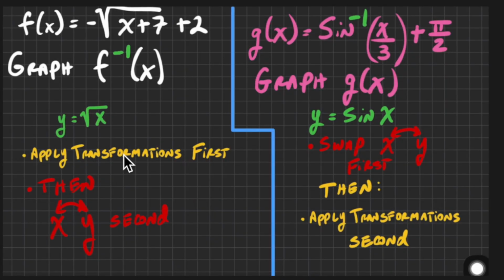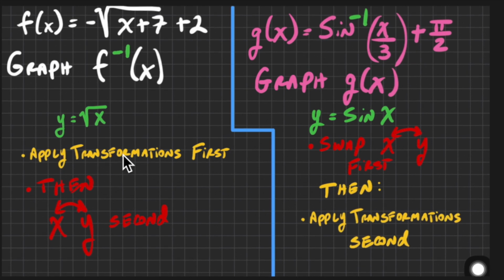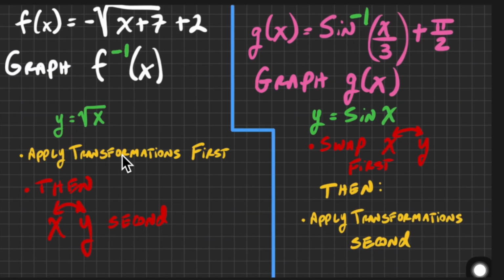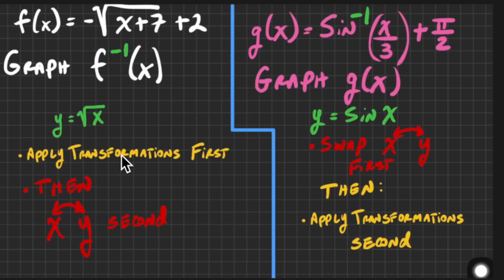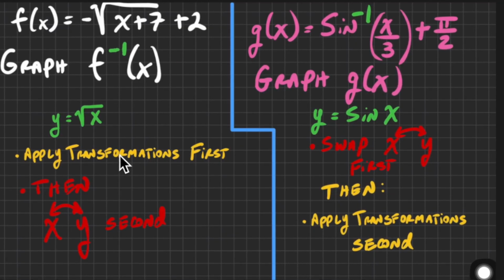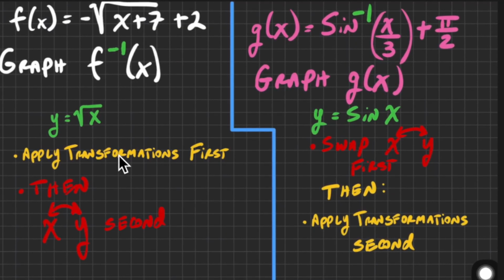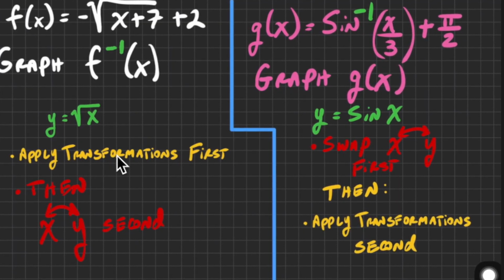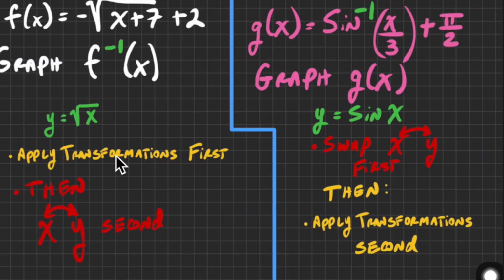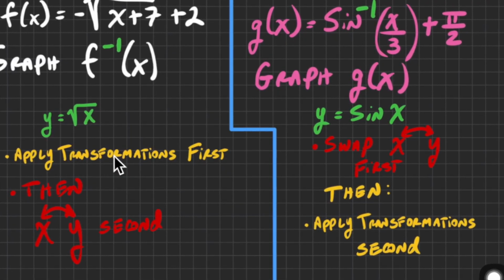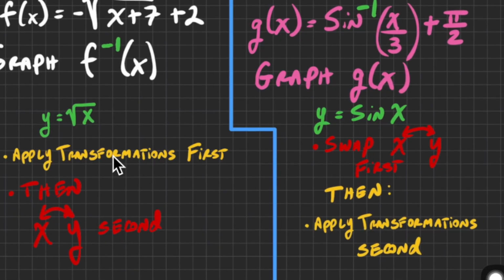Here is a summary slide of what transpired in this video. On the left, we are asked to graph the inverse of f of x. We create the transformed function first, and then we swap the x and y to create the inverse. On the right-hand side, we're asked to graph g of x, which is an inverse function that has been transformed.